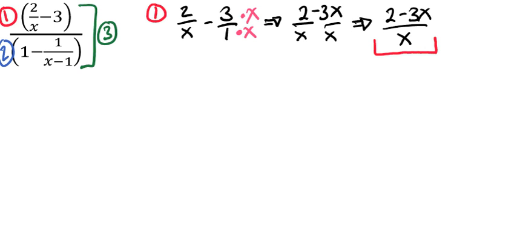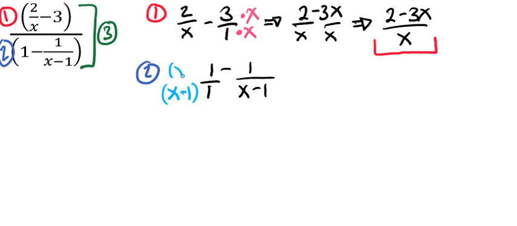So now we can look at our second smaller problem, which is 1 minus 1 over x minus 1. So we'll just put a 1 on the denominator there. Now we're going to get a common denominator, so we will multiply our left equation by x minus 1 to its numerator and its denominator.